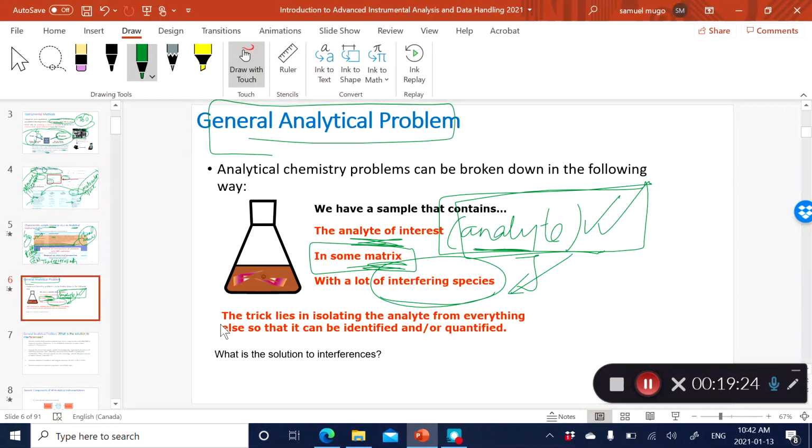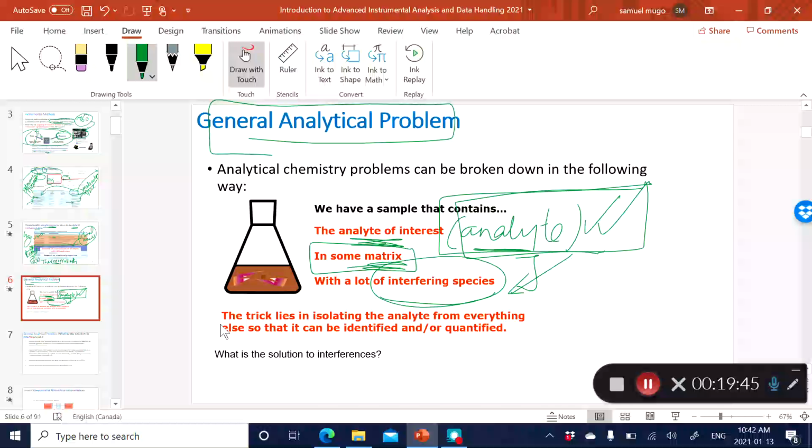So what is the solution to interfering species or to matrices? That's what analytical chemists really solve in different types of industries. While you're doing food analysis, you can imagine there are a lot of different types of chemical constituents probably present in milk, for example.